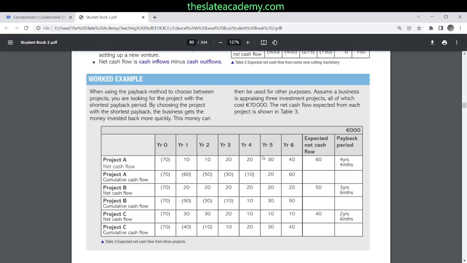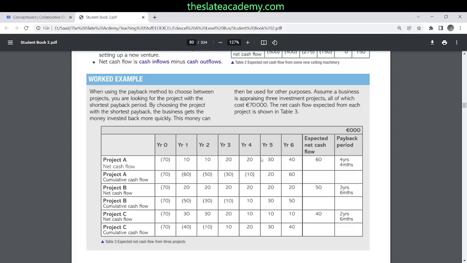Did you get this, Mazen? So at what exact time in year 5 does the cash flow become zero? It was negative 10 over here, so the amount that I need to recover, from last year, is 10 more.